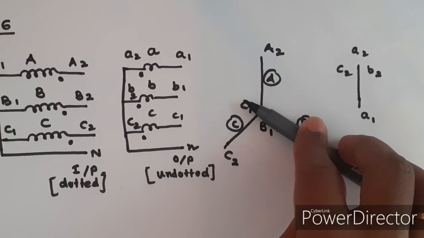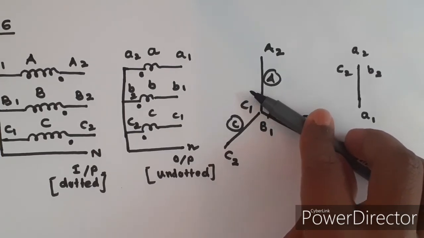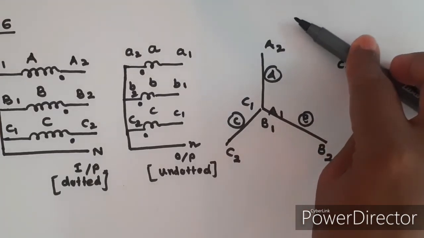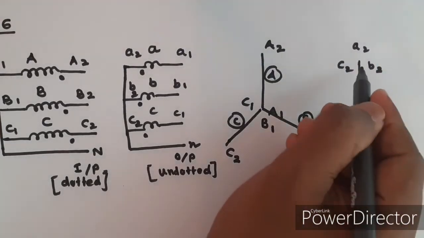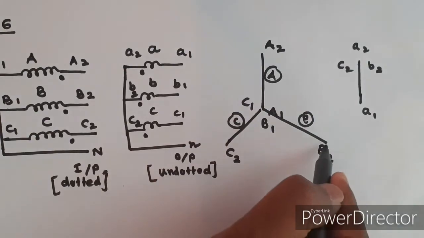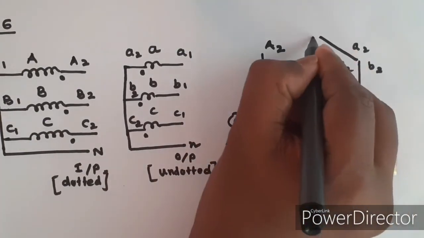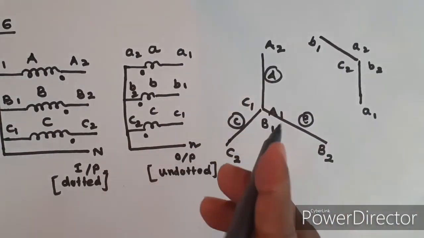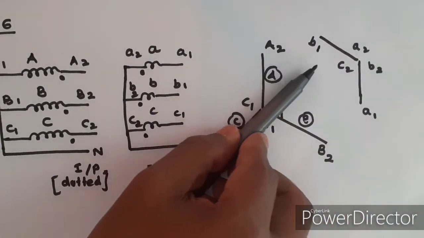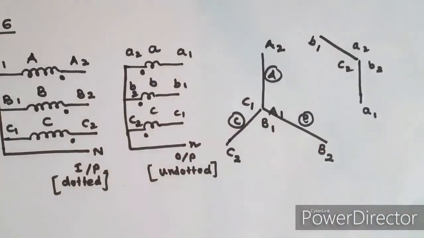Therefore, this B1, B2 will be exactly parallel like this. And this C1, C2 will be exactly parallel.